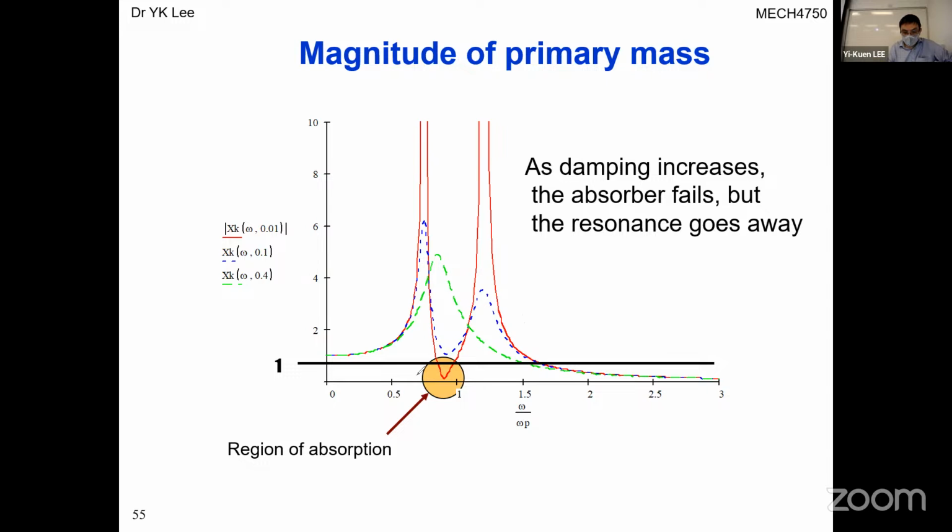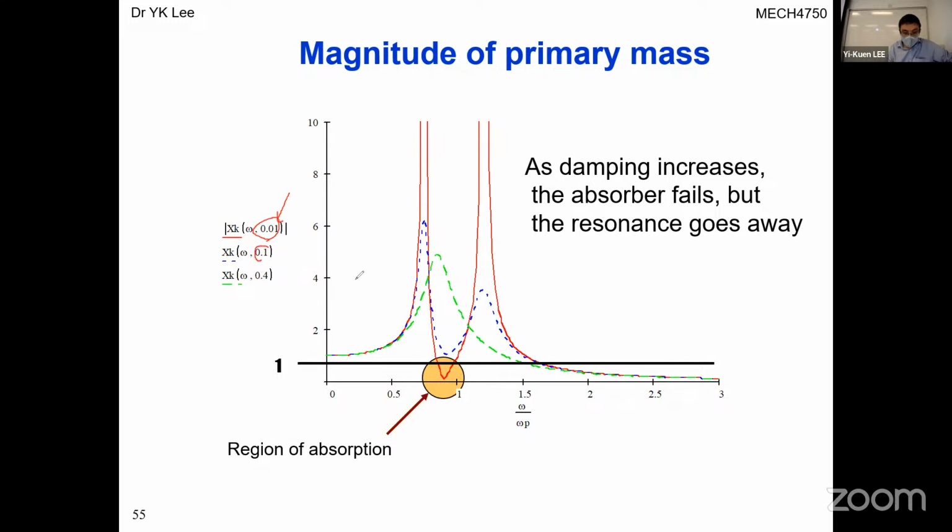You see with this, that is clear. If damping of this system increases, the absorber may have some trouble. If the damping is 0.01, you can see it works.